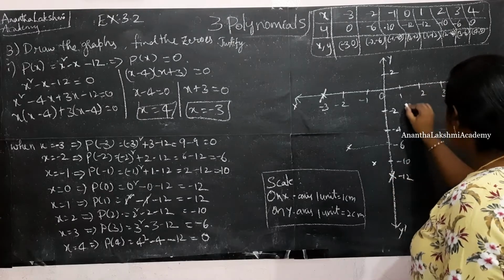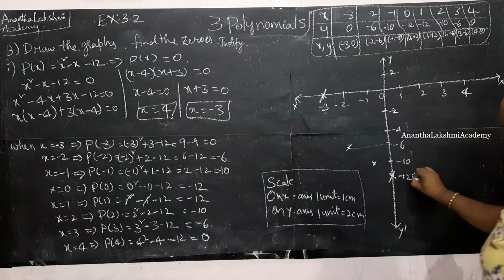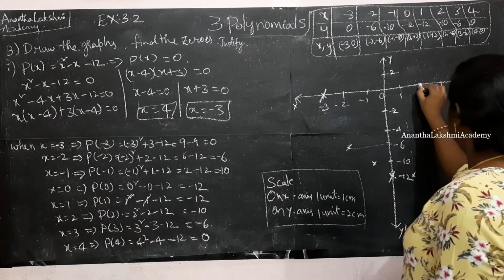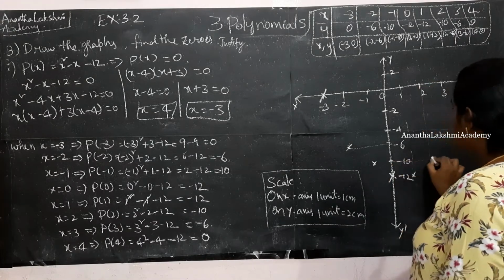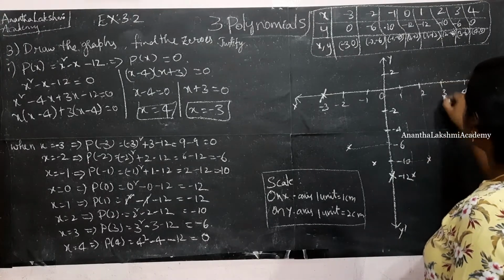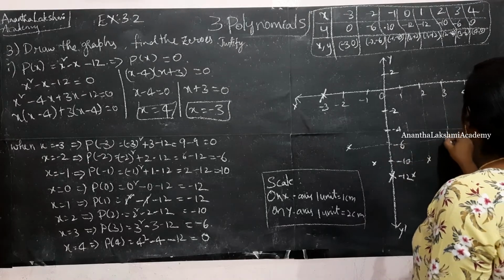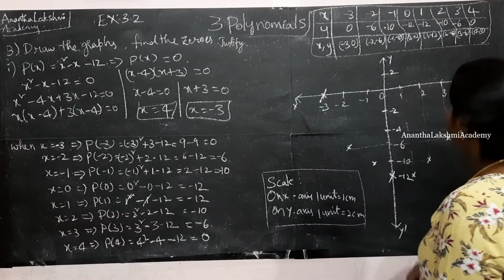For 1 also, it is minus 12. Yes, here it is. For 2, it is minus 10. Look at the way I am plotting the graph. Alright. And for 3, it is minus 6. Okay, here. And for 4, it is 0.